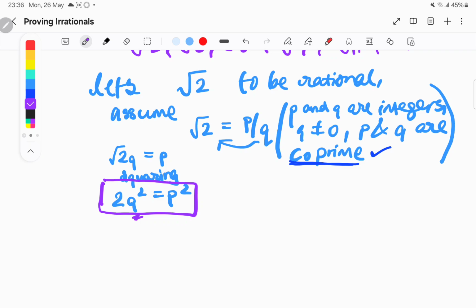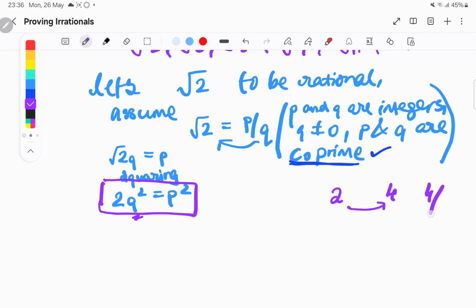Now one thing you have to keep in mind is, in the textbook of NCERT, there's a very important property: let's say 2 and 4 are numbers, so obviously 2 divides 4.